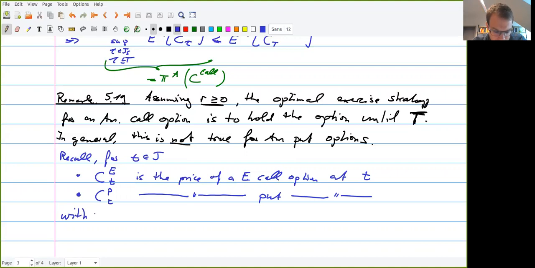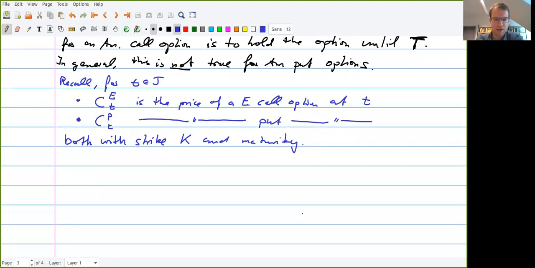Both options are assumed to have the same strike K and maturity T. Okay.